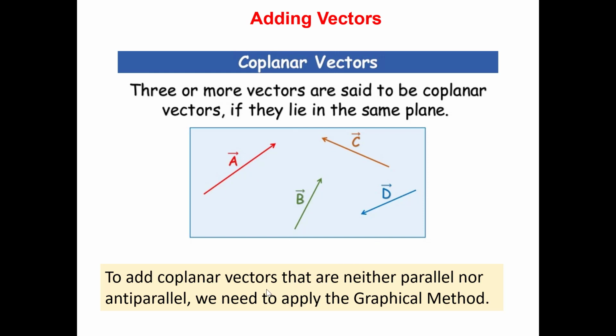To add vectors that are neither parallel nor antiparallel, we need to apply the graphical method. Remember, we can use the algebra rules only if the vectors are parallel or antiparallel. If they are not parallel or antiparallel, then we need to apply the graphical method.